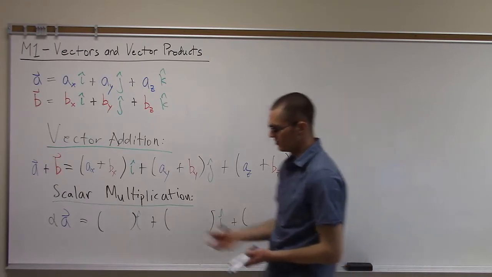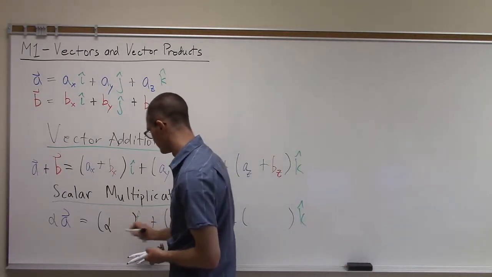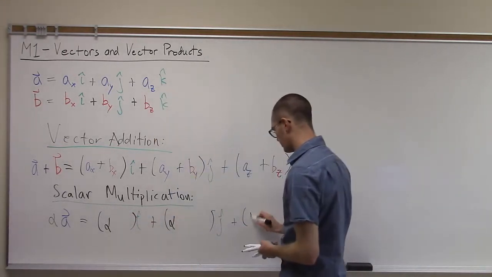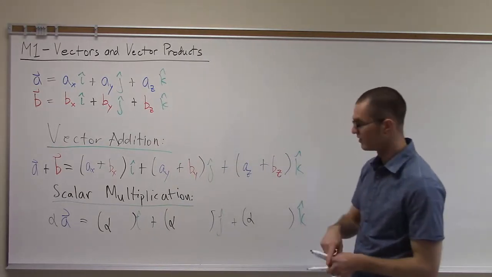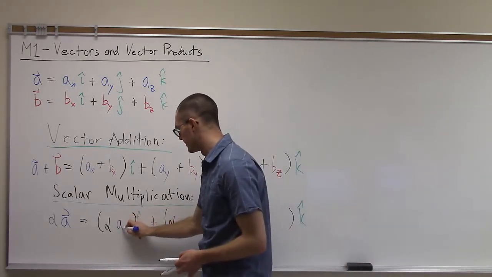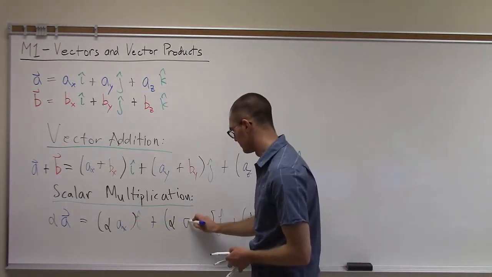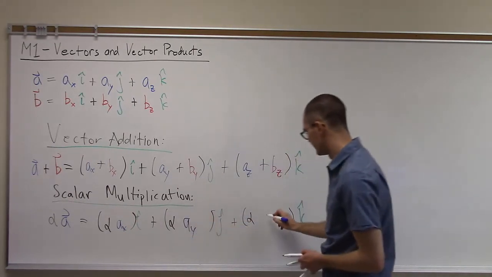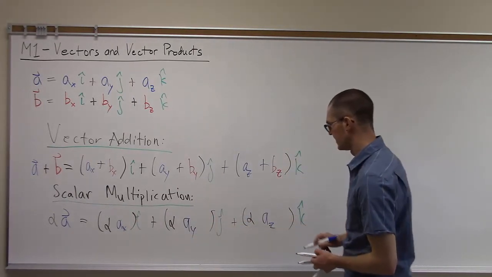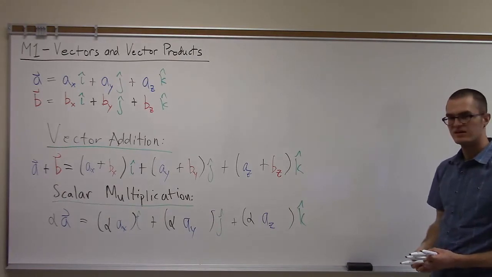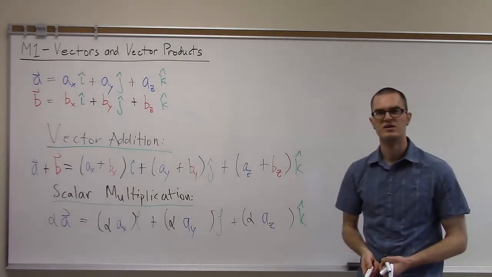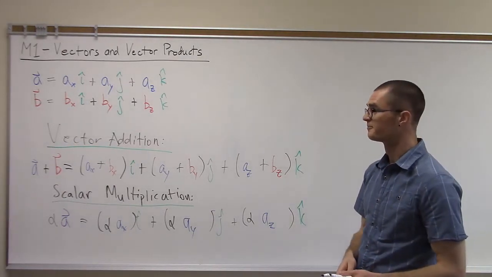And then all I'm going to do in scalar multiplication is multiply each of the components by that alpha coefficient. So alpha times ax, alpha times ay, and alpha times az. Those are my three components of the vector multiplied by a scalar.